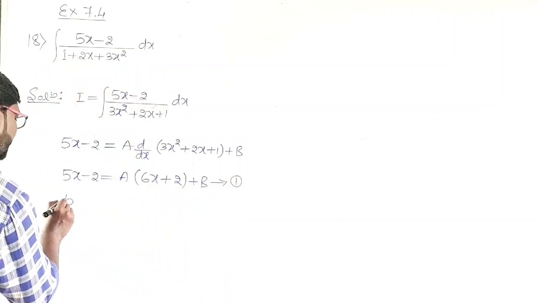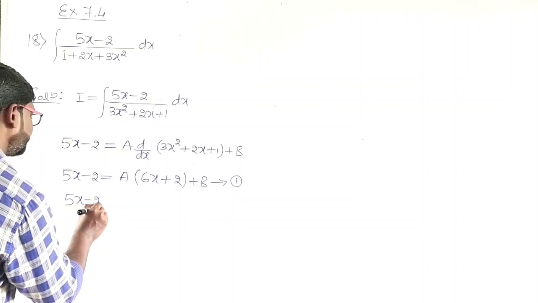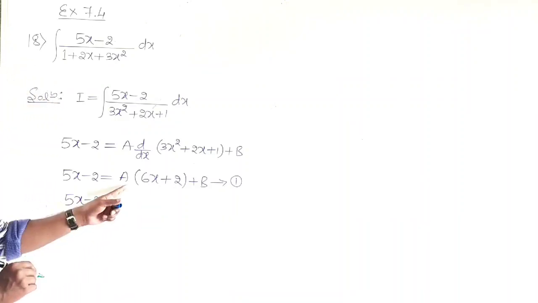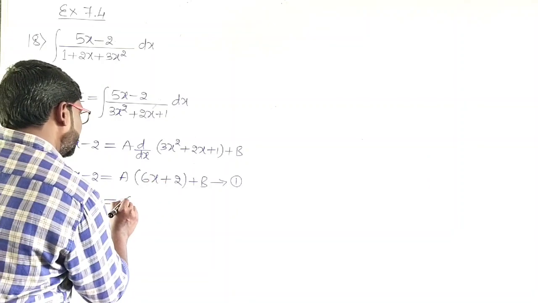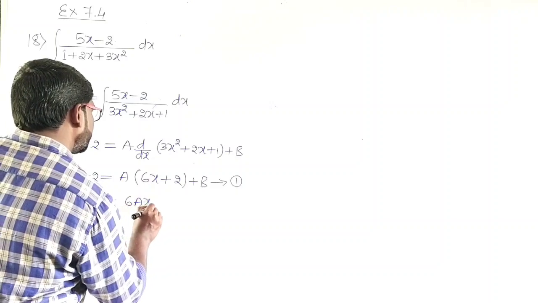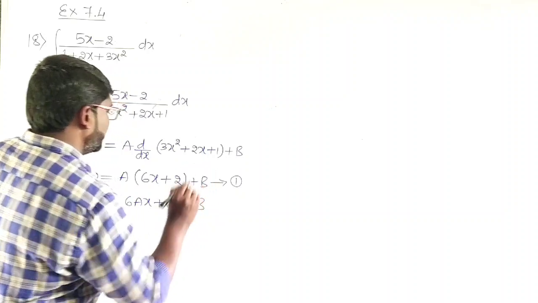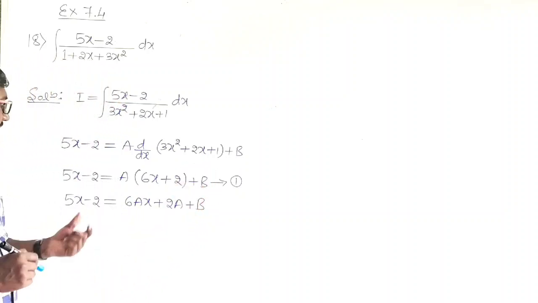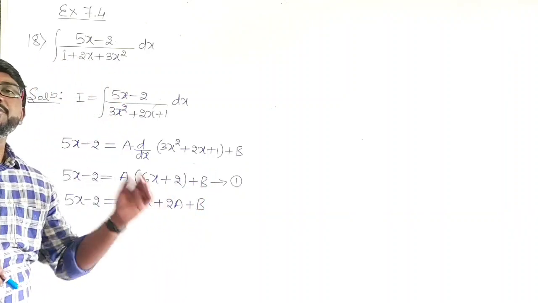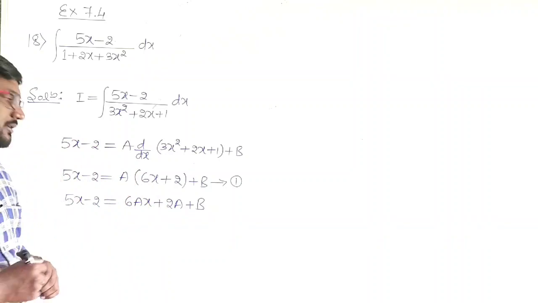Now 5x minus 2 equals, multiplying A with these two terms, 6Ax plus 2A plus B. Now on both sides we have to equate the coefficient of x and the constant term.